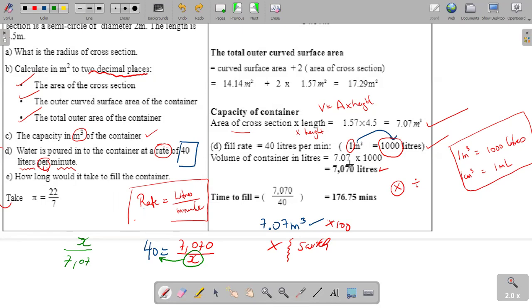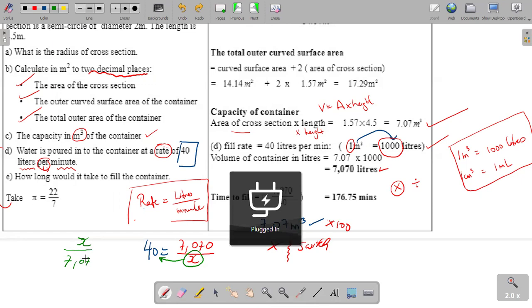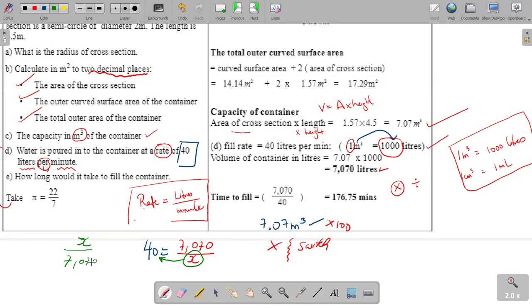If I wanted X here, I would have to get rid of divided by 7,070. So that is why I would multiply, because multiplication is the opposite of division. You multiply by that number, and it cancels it, giving you X.